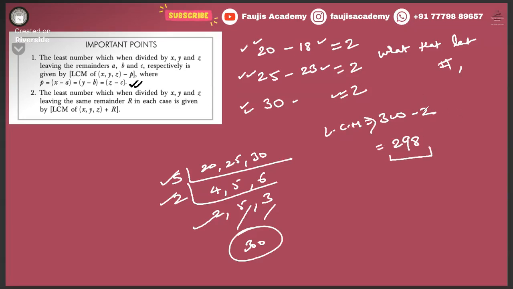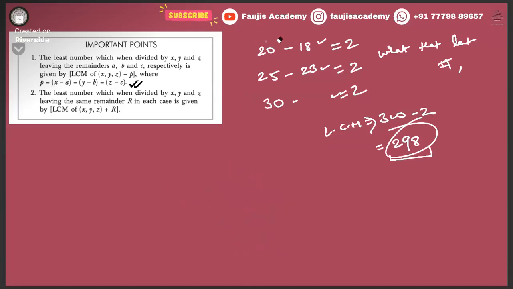Now let's try to understand. 298 is the answer to this question, but our job is not over yet. Let's understand why it is happening and how it is happening. They have given that if the number is divided by 20, 25 and 30, it leaves the remainders 18, 23 and 28 respectively.